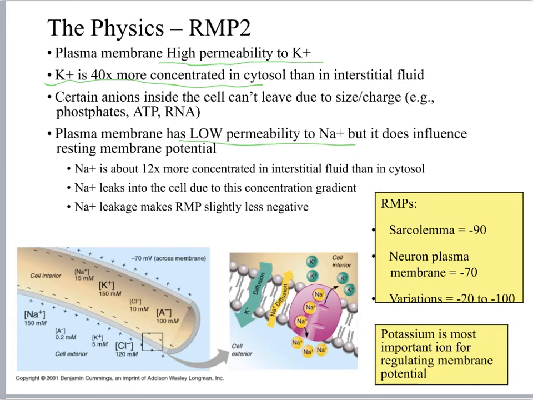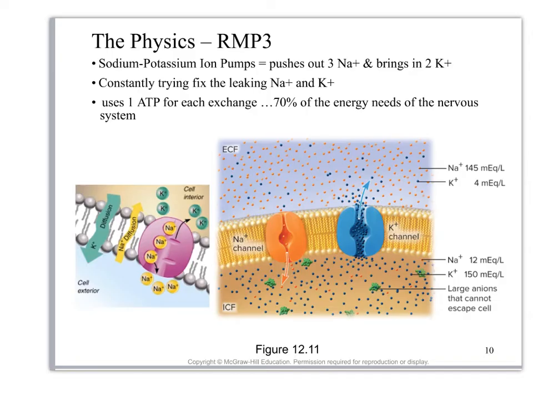One thing to remember is because potassium has a stronger or steeper gradient, it's actually more important for maintaining that negative 70 millivolts or negative 90 millivolts. So it's more important for maintaining this resting membrane potential. Okay? And then right here, I've just got the numbers for resting membrane potentials. All right, let's look at the next slide.